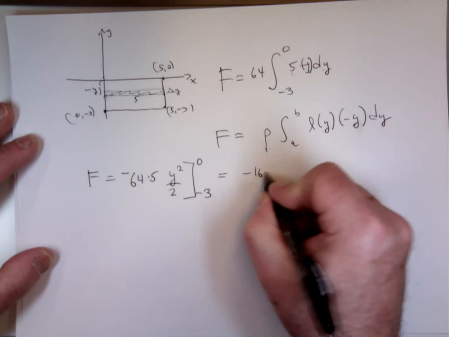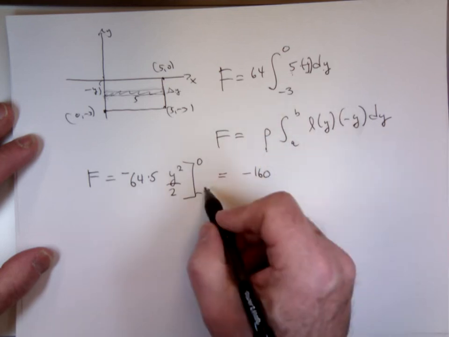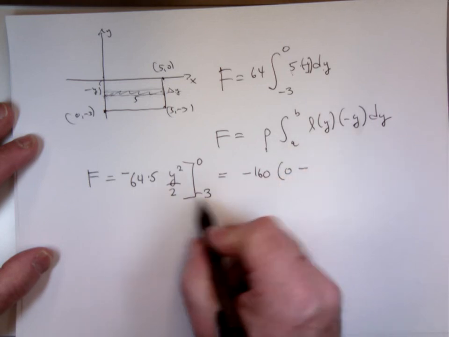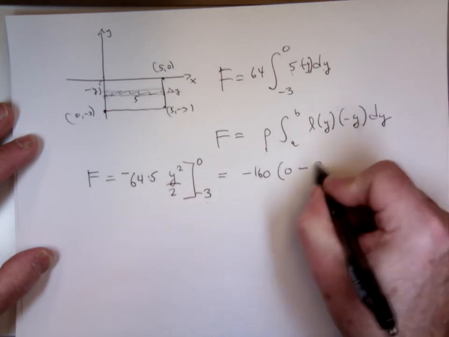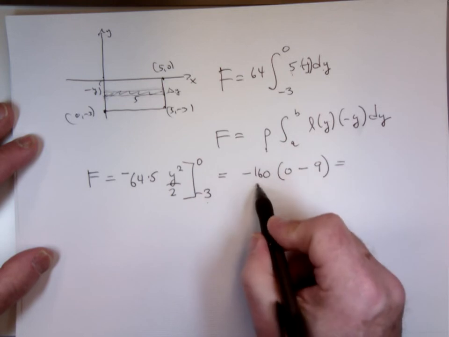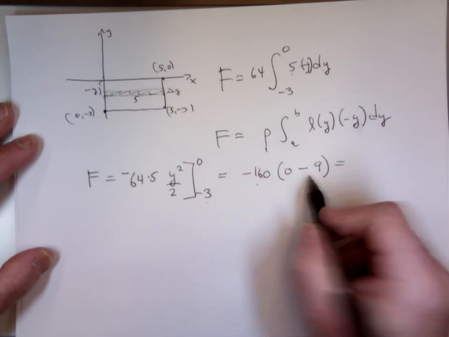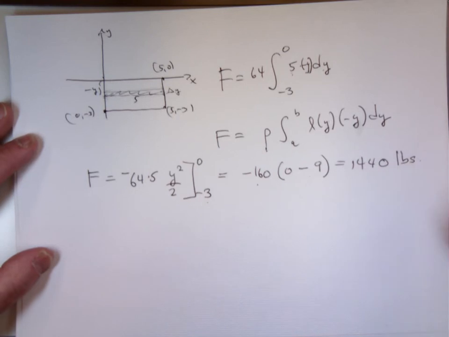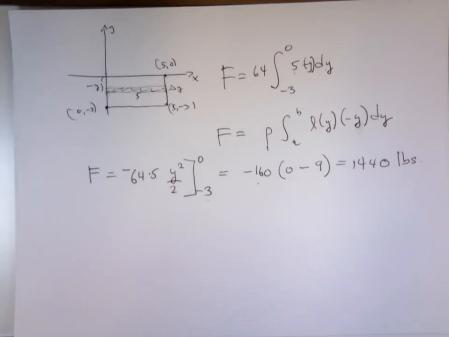Substitute in 0 to get 0. Substitute in -3 squared, you get 9. I get 160, a negative, times a -9. You get 1,440 pounds, which is exactly what we got without the integral.